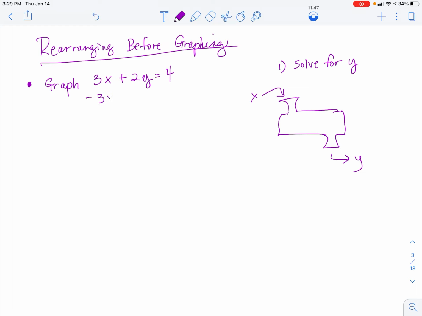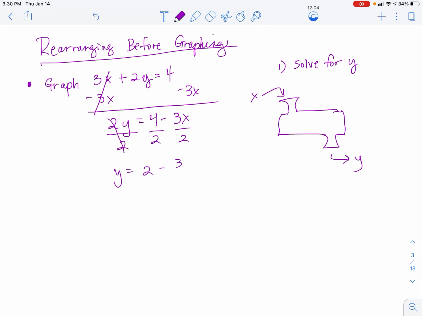So let's rearrange this equation so that we have y as our isolated variable. We're going to move 3x over here. We have 2y equals 4 minus 3x. In order to isolate y, we have to divide everything by 2. Now I have 2 minus 3 over 2 x. Remember, I can write that as 3 halves x.